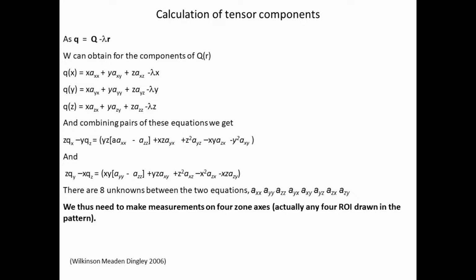You take pairs of them to eliminate the unknown lambda. You end up with these two simultaneous equations, which have got these 8 unknowns here, and thus we need to make measurements on 7 zone axes in the pattern to be able to establish the deformation tensor in the sample.